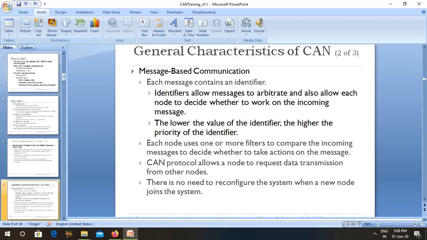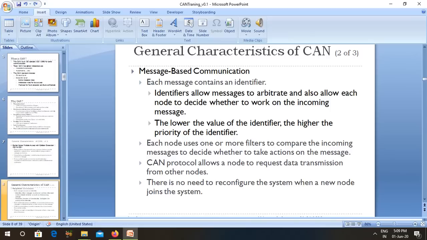The next characteristic is that CAN uses message-based communication. When you take RS-232, it transmits 1 byte as one serial frame. Here it uses packets called messages, and each has been given a number.